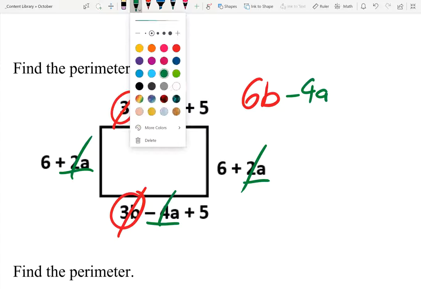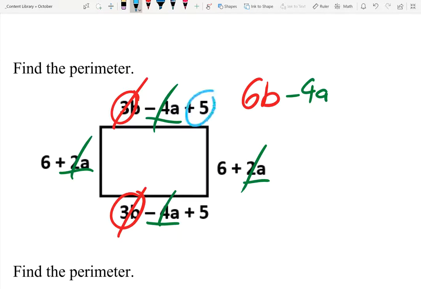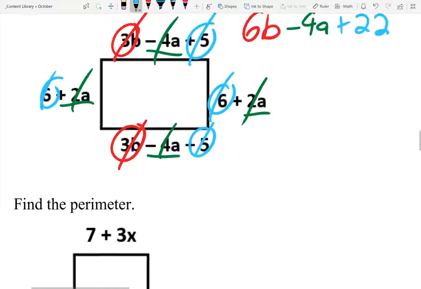And then you've got your constants. You got 5 plus 6 plus 5 plus 6. Adding those all up, you get 22. So without having to write them all down again, I just looked for the like terms and I went ahead and combined all those like terms. And I get my final result, which is nice.